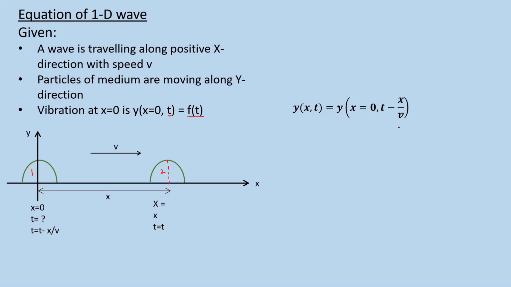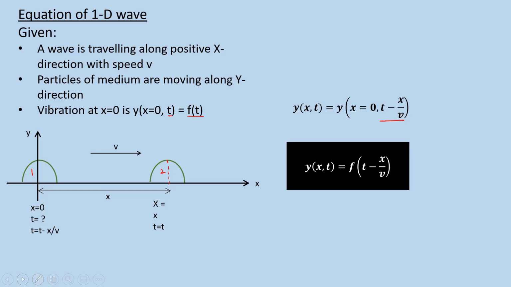Now in place of t, it has become t minus x by v, so y(x, t) will simply become f of t minus x by v, and that is the equation of a wave if the vibration at a point is given and the wave velocity is given. Likewise, if the wave was moving along the negative x direction, then this equation would take the form y(x, t) equal to f of t plus x by v. So this is all for this video.